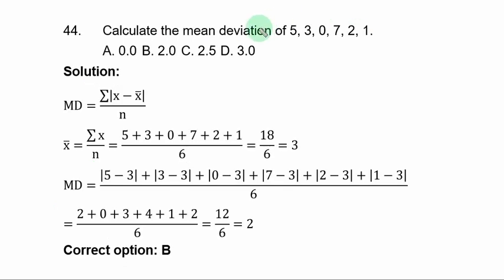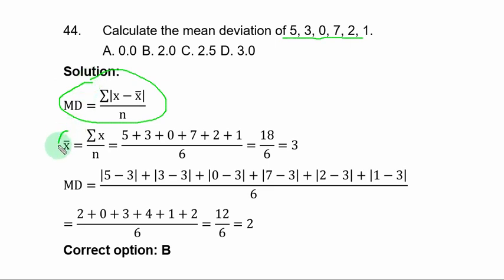Question 44. Calculate the mean deviation of 5, 3, 0, 7, 2, and 1. These data, they are ungrouped, so you have this formula for the mean deviation. Summation, absolute value of S minus the mean over N, number of observation.